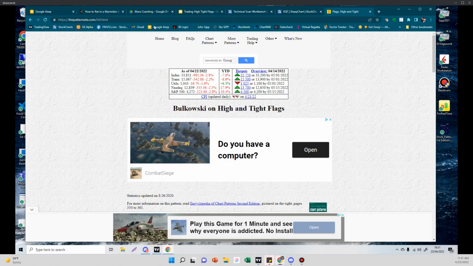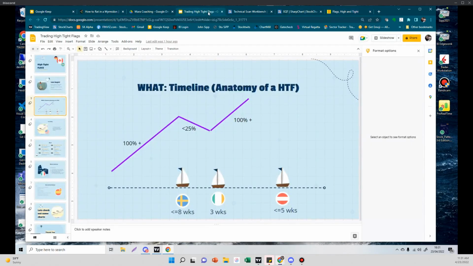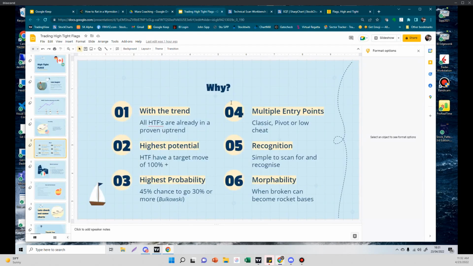So that's based on essentially his stats, and that's kind of borne out. Doesn't mean you can just blindly go and see something in a high tide flag and buy it and expect to make money. You need to buy it at the proper place. You need to make sure it's a valid setup.